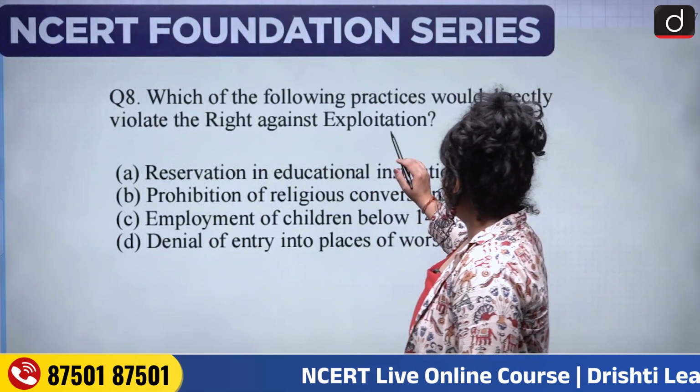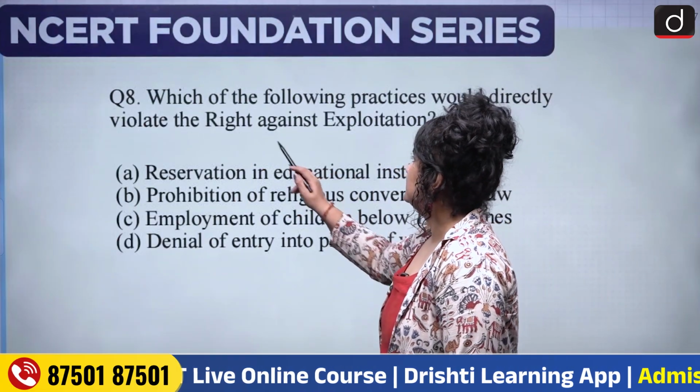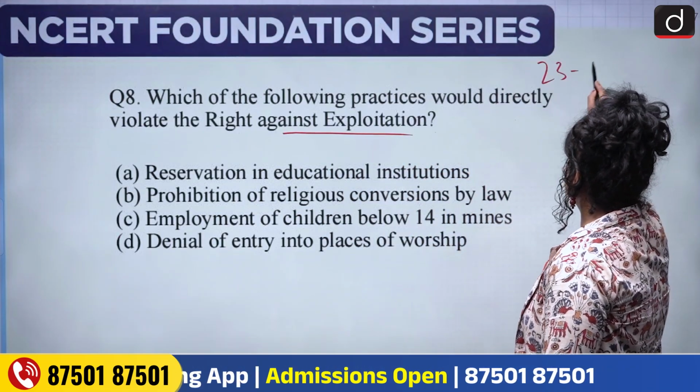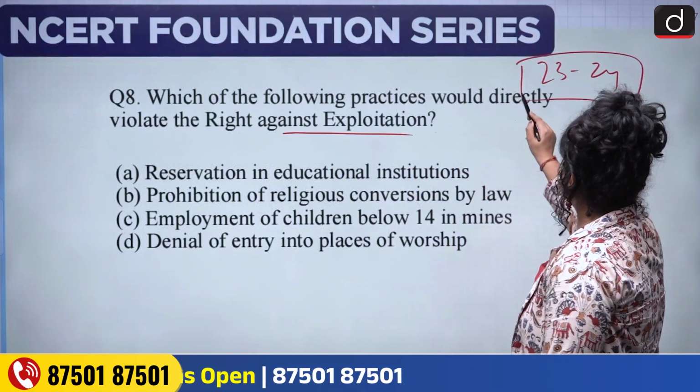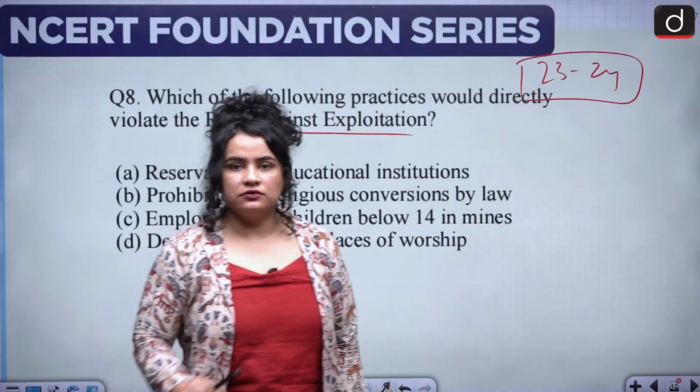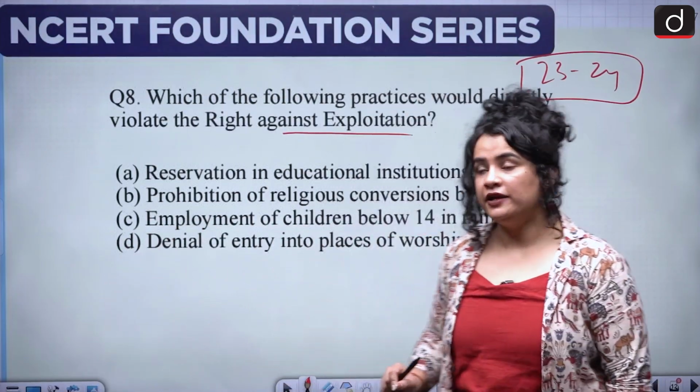Which of the following practices would directly violate right against exploitation? Now, right against exploitation are discussed in Articles 23 and 24. Okay. Now, a couple of things have to be borne in mind over here.